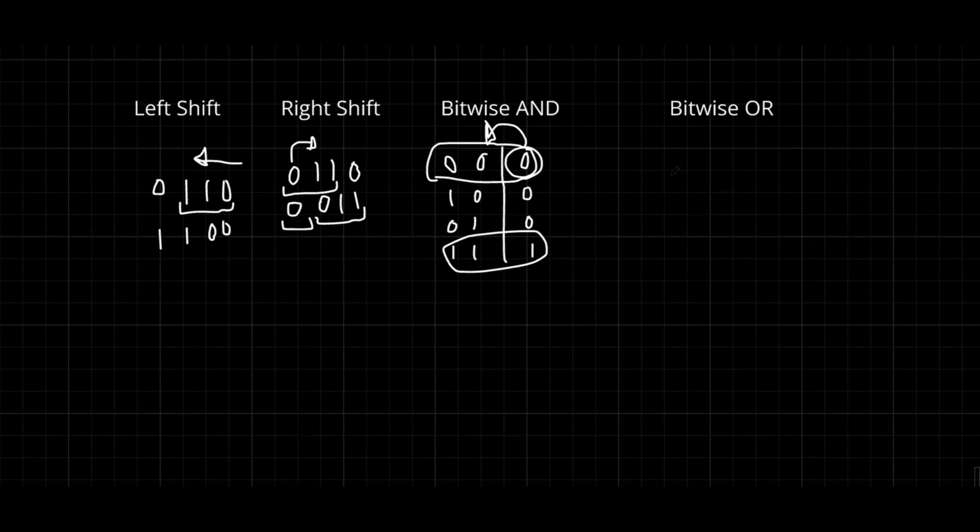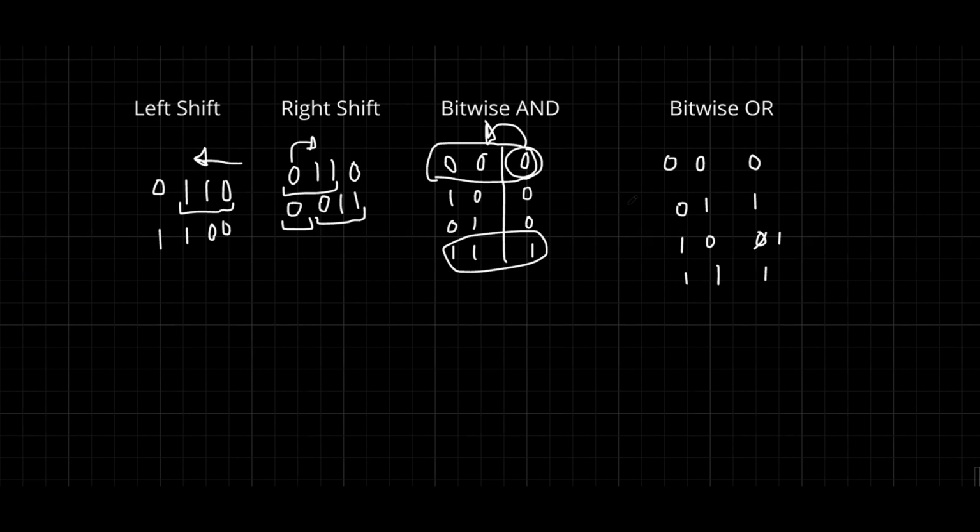Now the bitwise OR operation will be: 0 and 0 will be 0, 0 and 1 will be 1, 1 and 0 will be 1, and 1 and 1 will be 1.